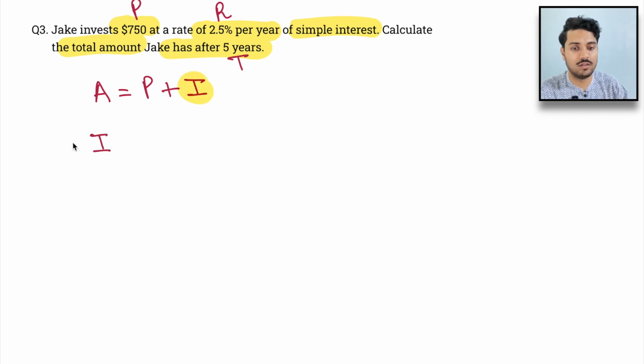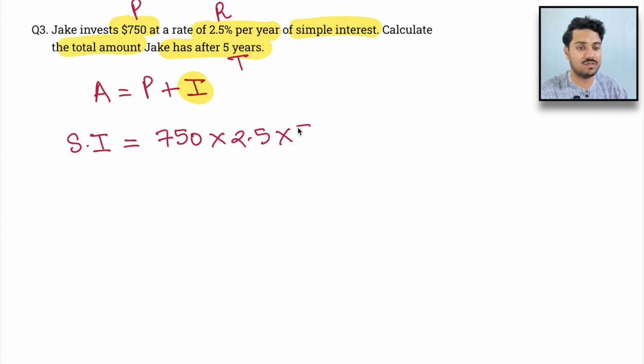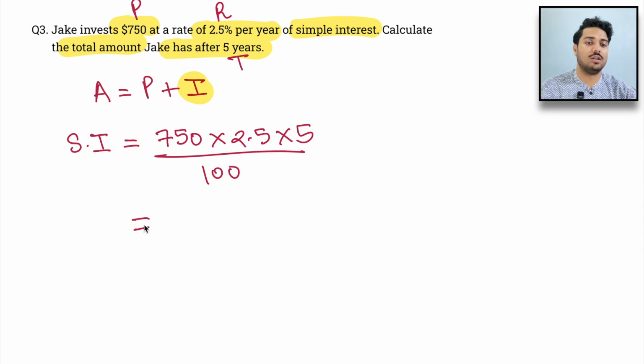So first we have to calculate the interest because we don't have the interest amount here. So SI will be P into R into T upon 100. P is 750, rate of interest is 2.5, time period is 5 years, whole divided by 100. So we'll quickly do this calculation. 750 multiplied by 2.5 multiplied by 5 divided by 100, and that is 93.75.